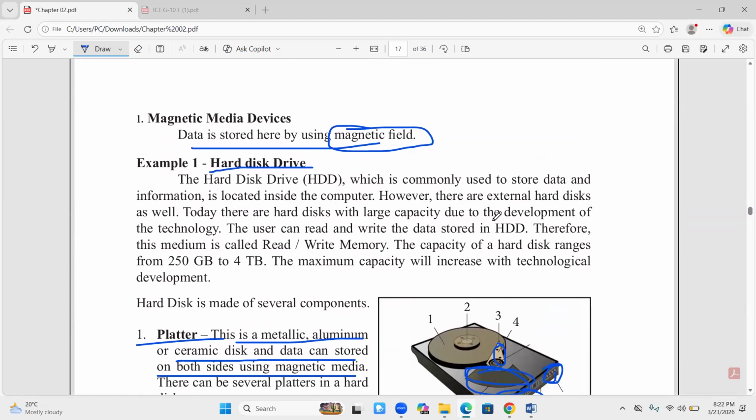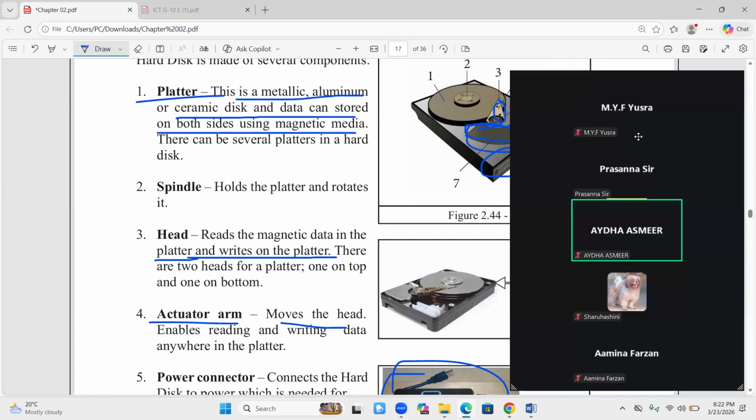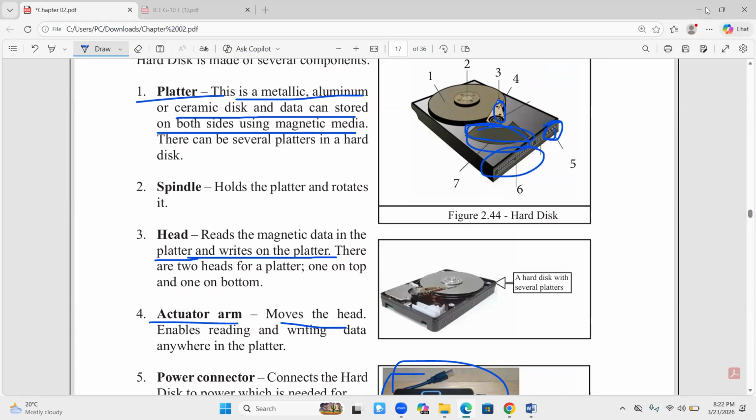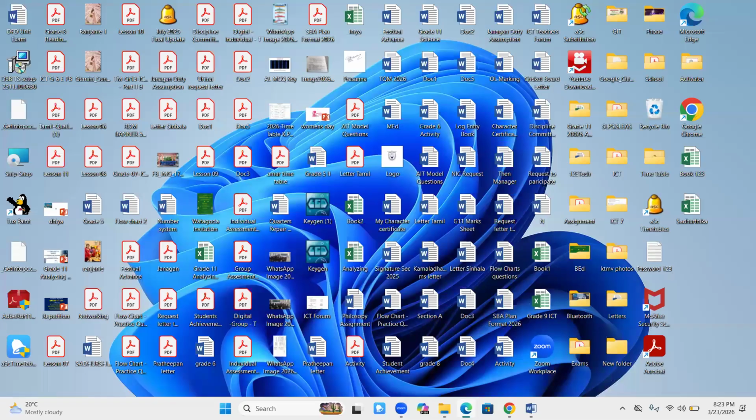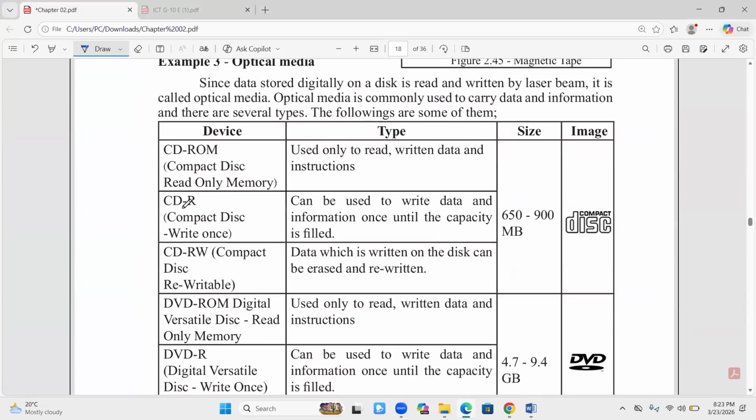These are the main parts of the hard disk and the process of these parts. Is it clear? Friends, any doubts? No. Right. Then we'll move to the next one.